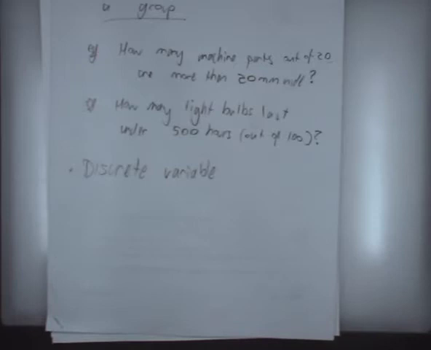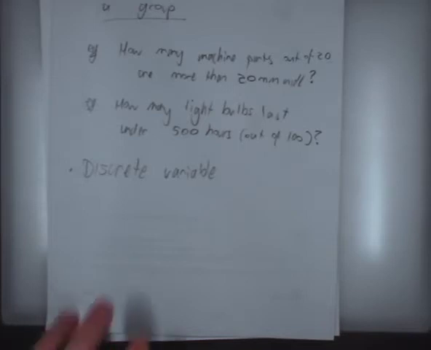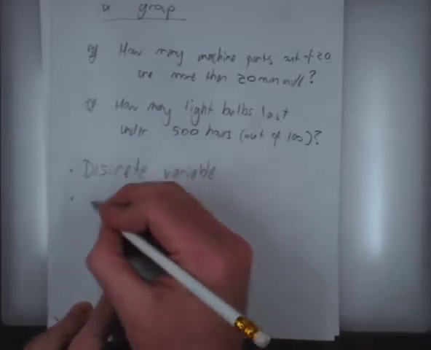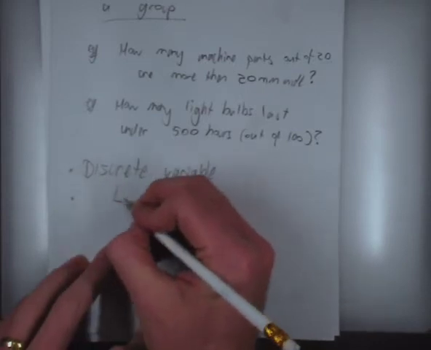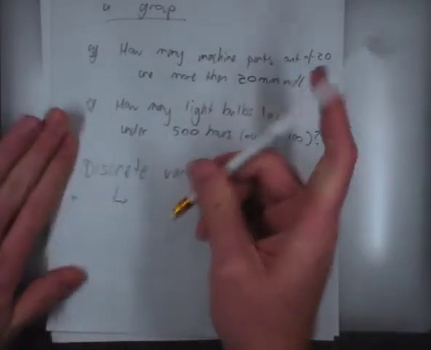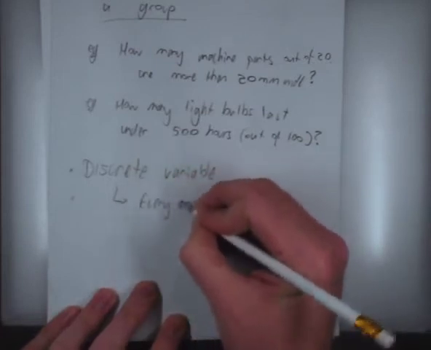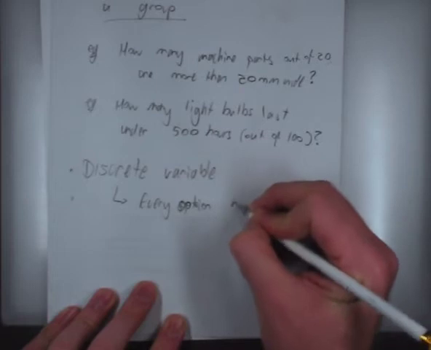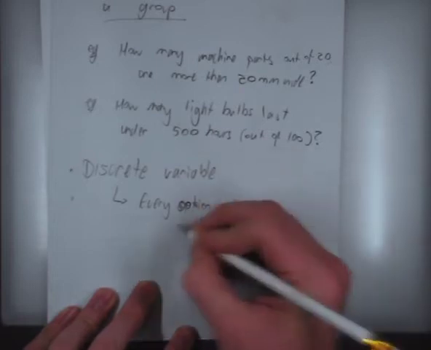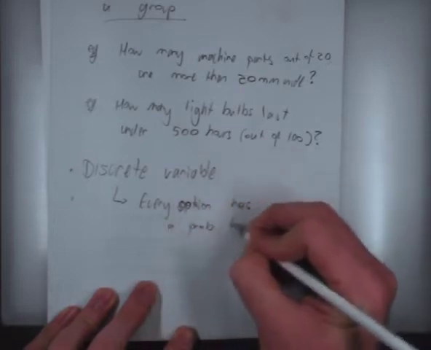It's a discrete variable because it's counted as opposed to measured on some sort of scale. And you have this function that tells you what the probability of every single option is. Because it's discrete, every particular option, every possibility, has its own probability to go with it.